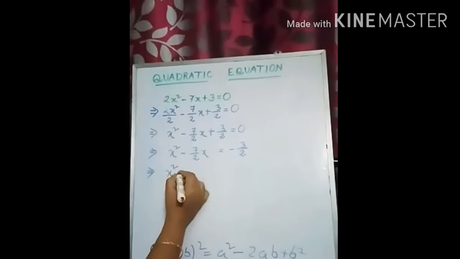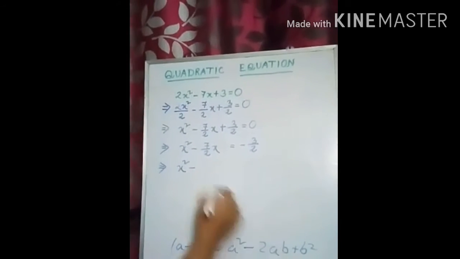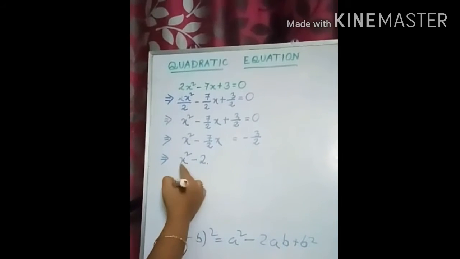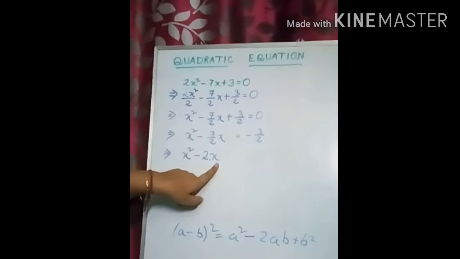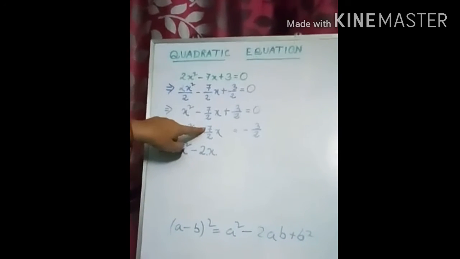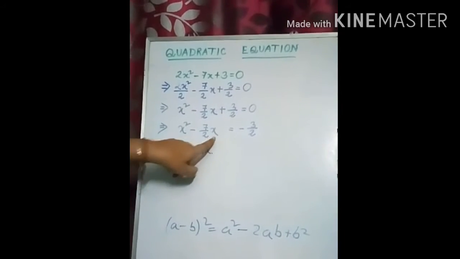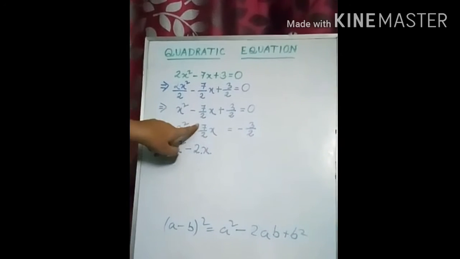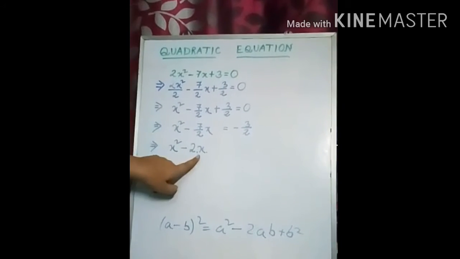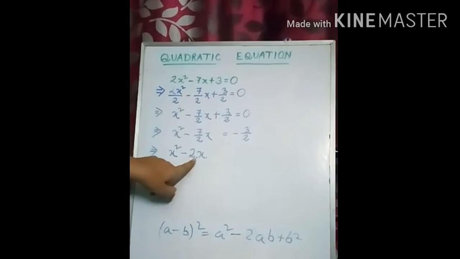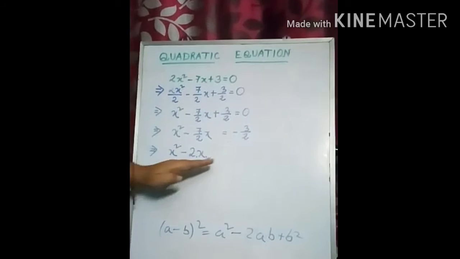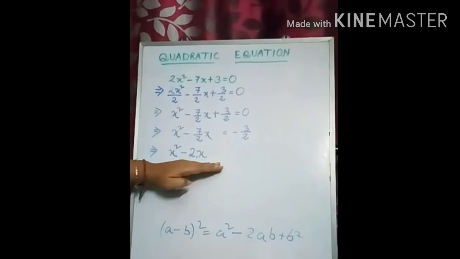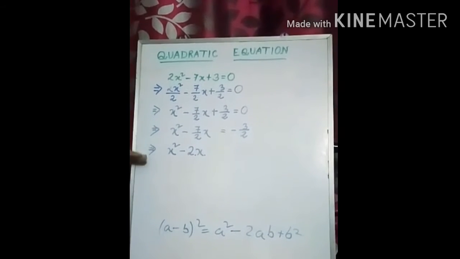So minus twice ab. Now twice a is x. Now what will we write for b? Here, the coefficient of x is already written as 7 by 2, and here I have newly written 2 into x, but 7 by 2 is already there. If I change it here, then it will not be balanced.